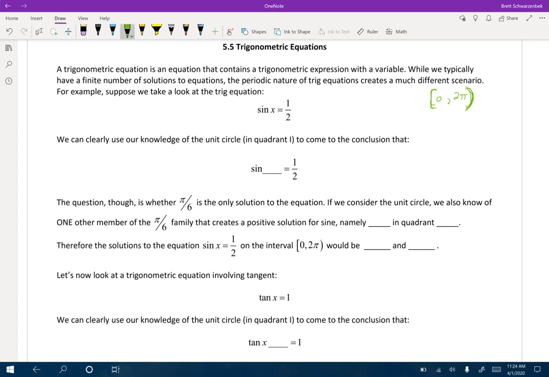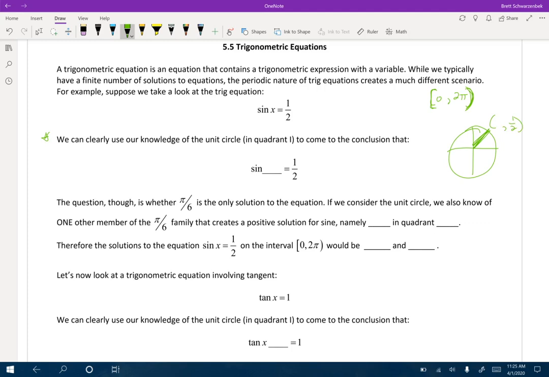So let's look at this scenario more in depth. It says we can clearly use our knowledge of the unit circle in quadrant 1 to come to the conclusion that the sine of what is 1/2. So if we're in quadrant 1 and we want the sine of something to be 1/2, then we want its y coordinate to be 1/2.